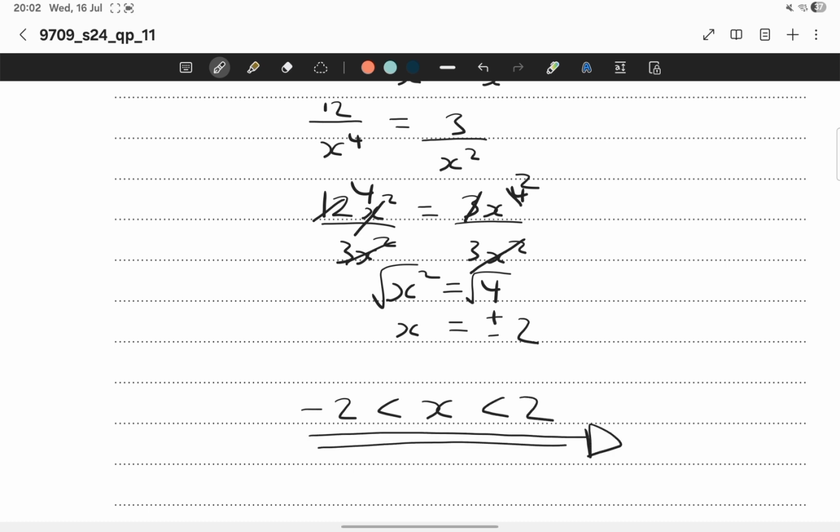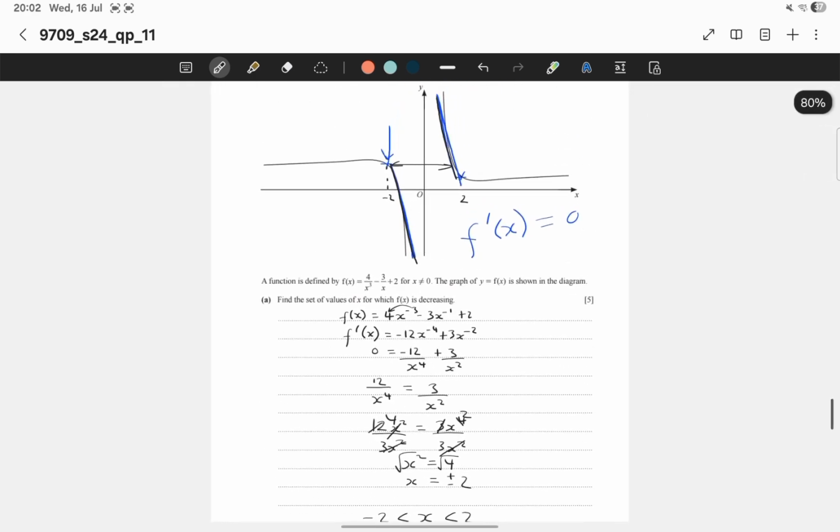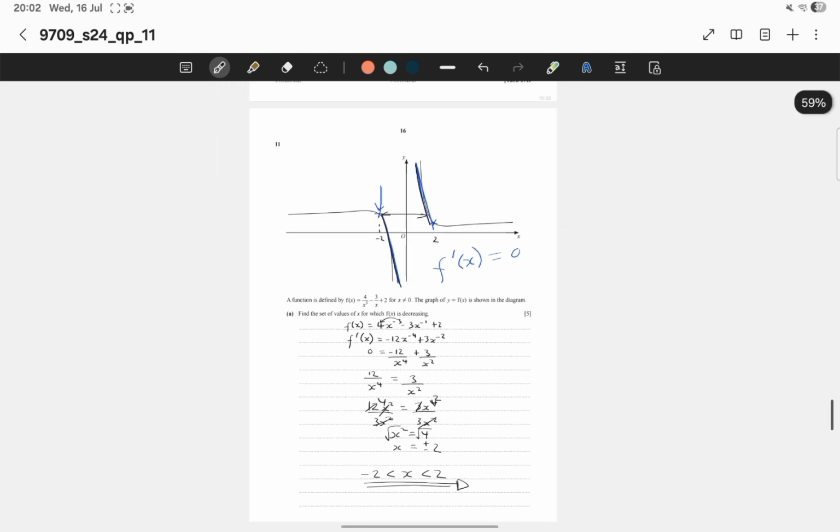This is the set of values we're going to consider, since we have two parts of the curve slanting to the left, at minus 2 and 2. And that will be it for 11 part A.